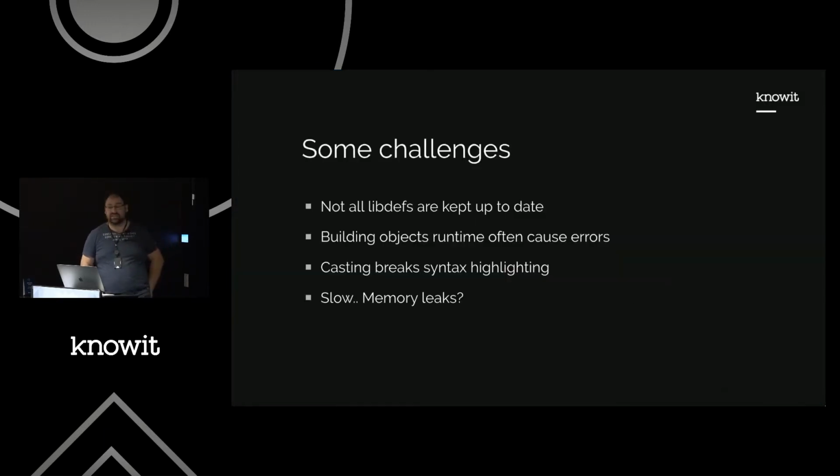But some challenges. Library definitions aren't necessarily that fast to be updated. And we've seen that some of the things that we are continuously struggling with are still in development on the library itself, and the library definitions are even further behind often.